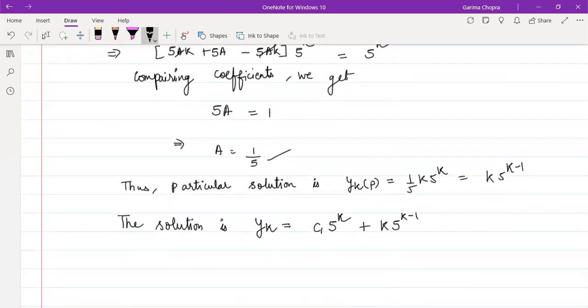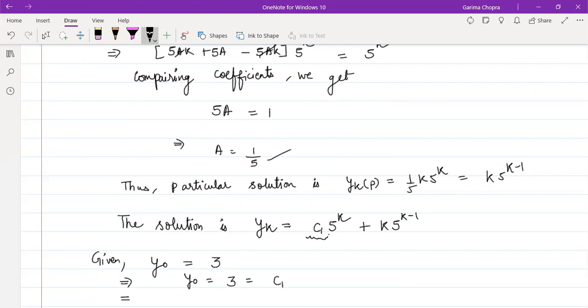Now, using the initial condition, we will be finding this constant C1, which is present in the homogeneous solution. Given that the first term of the sequence, when k is 0, is 3, this implies y0 equals 3, and this will become C1 times 5 raised to power 0, which will be 1, and then k here is 0, so the second term will vanish.